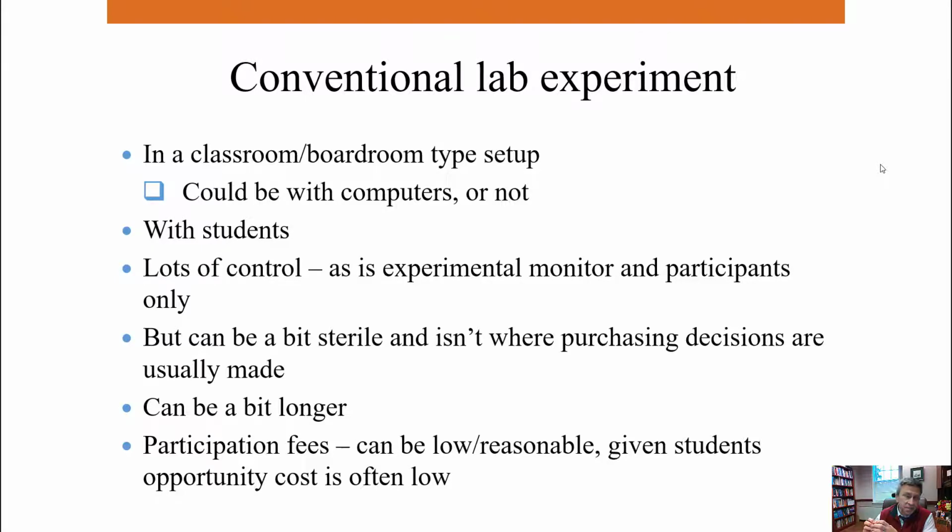Now, with a conventional lab experiment, we're dealing with college students, so the participation fees can be pretty reasonable, because the opportunity cost for college students, especially if you're doing it on a college campus, is to walk to the lab. So the opportunity cost for students is often pretty low, both in terms of their reservation wage and in terms of the difficulty of getting to the experiment itself.